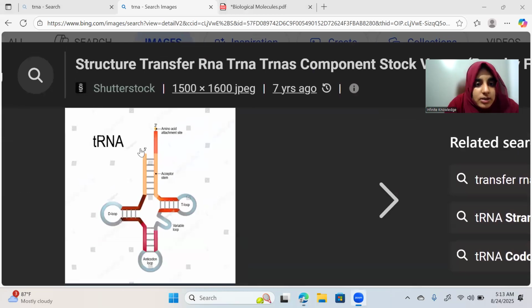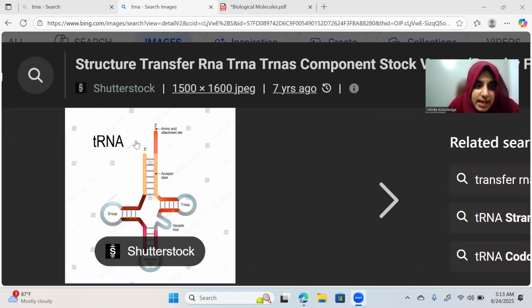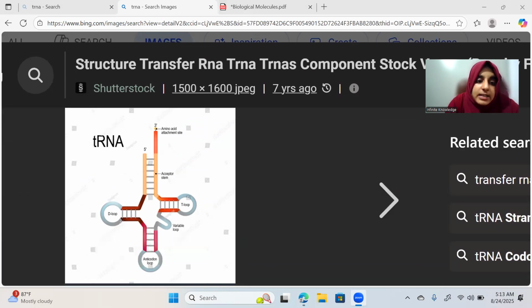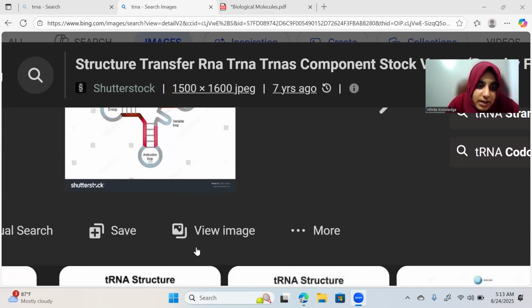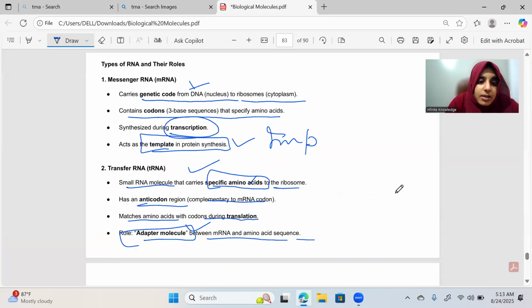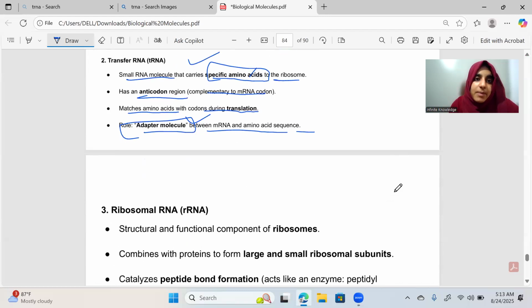Okay, so this is the amino acid attachment site, right? It helps to attach amino acids over here, and it has an anticodon loop over here as well, on the bottom. So you just remember that it helps to carry specific amino acids.